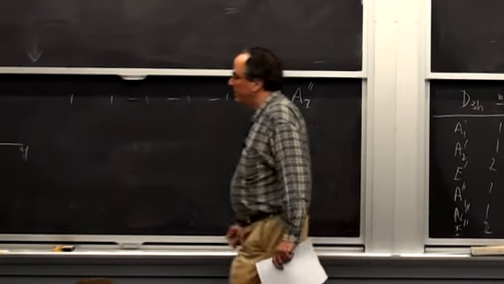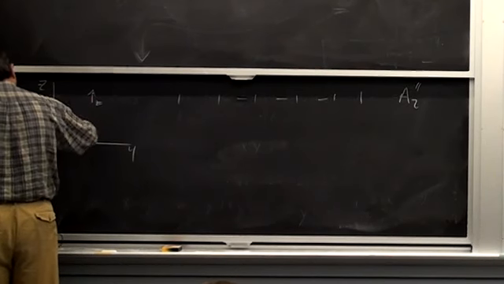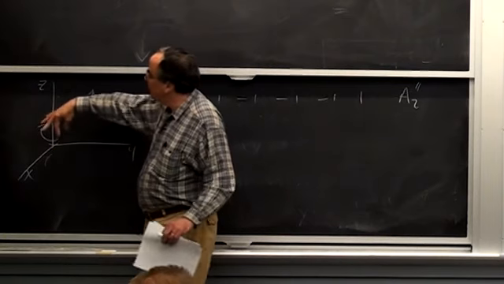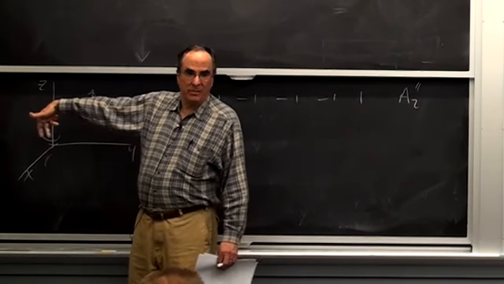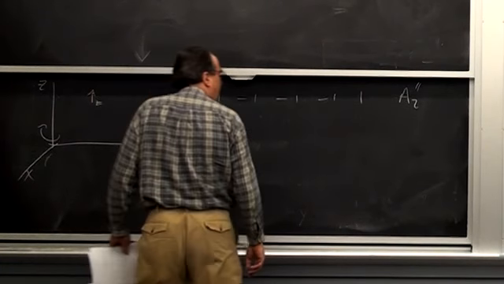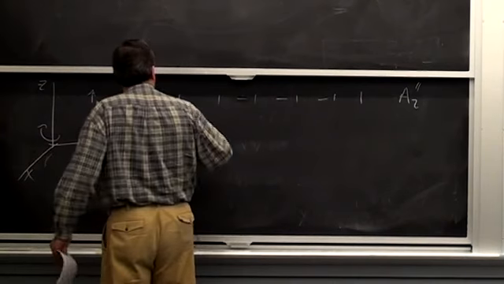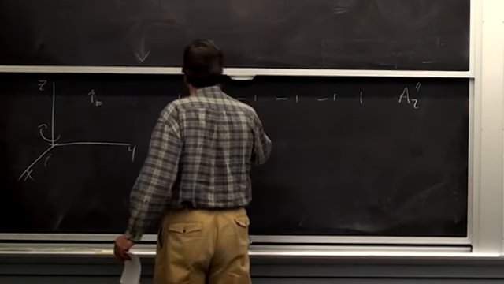So then there's rotations. Suppose we have a rotation about the z-axis. And now we ask, well, what do the various symmetry operations do to that object? And so the identity does nothing. C3 does nothing.